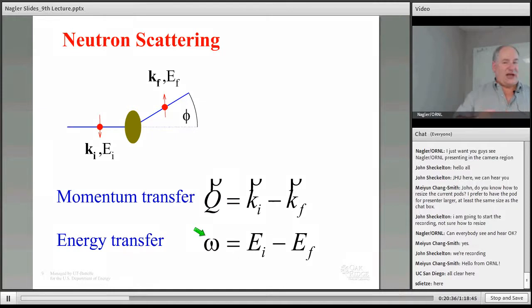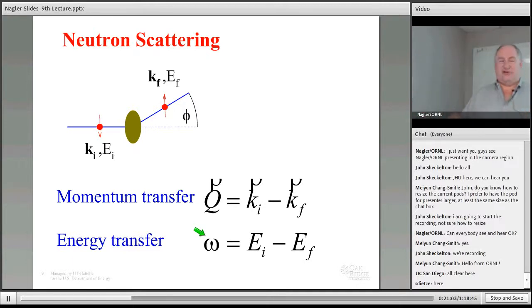We define a scattering angle, but there's some uncertainty in it. We define incident and scattered momenta and energies, but there's some uncertainty in those too. In addition, the counters just count whatever neutrons reach them. They don't care if they're the neutrons we plan to count, so other neutrons hit the detector. These are background, which messes up the measurement, and these are things we have to minimize.